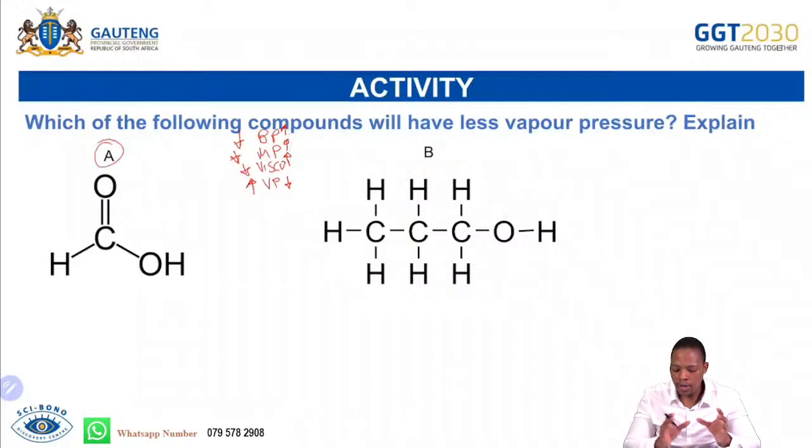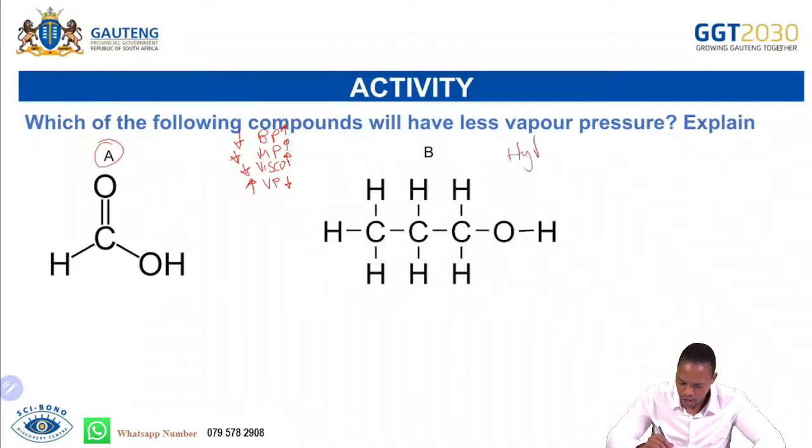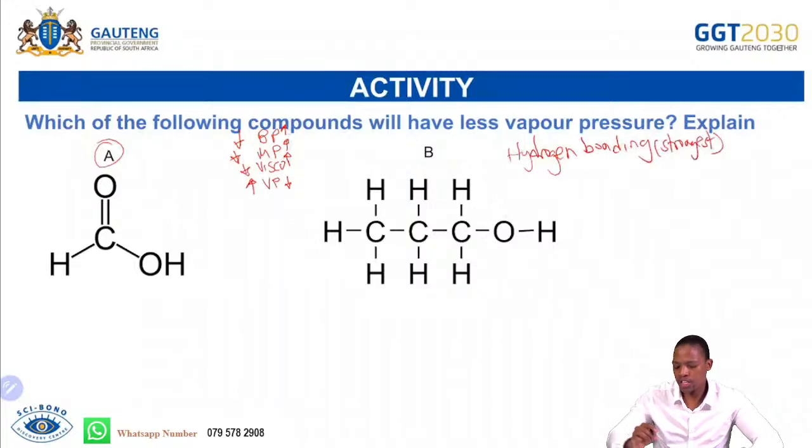But what we know about these two is that both of them are the strongest. So we're having the strongest here under the hydrogen bond. As much as they have different homologous series, they have the same intermolecular forces, which is hydrogen bond. Both of them have hydrogen bonding, which is again our strongest intermolecular force at our level.